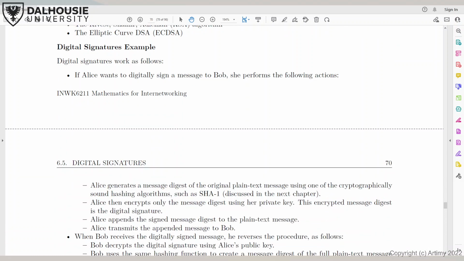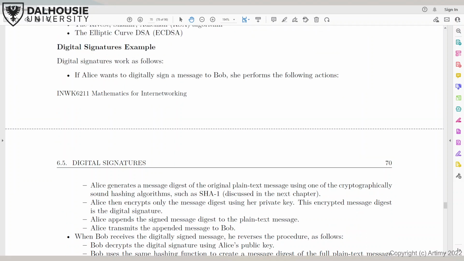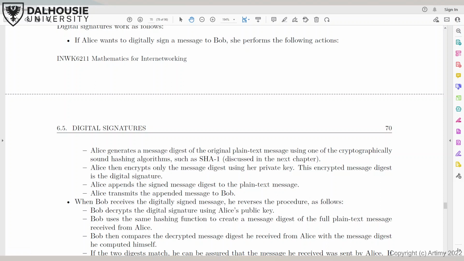We just need to make sure that we understand the process. So if Alice wants to digitally sign a message to Bob, she performs these actions. First, she generates the message digest, or message hash, right? And for the message hash, we need an algorithm. These are the things that we will talk about in the next chapter.